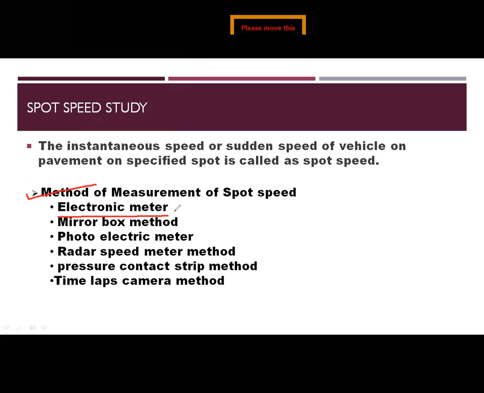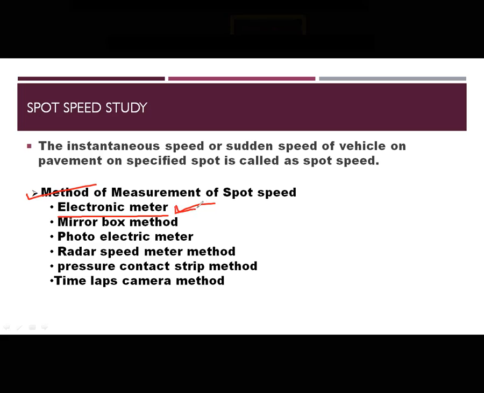The first one is the electronic meter, that is, the electronic speedometer or speed measuring meter. Here the electronic speed measuring meter is a huge box-like structure which is mounted in the vehicle, and the vehicle is parked on the side of the road.